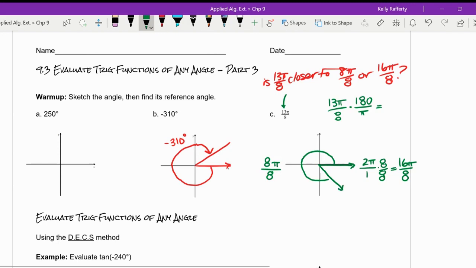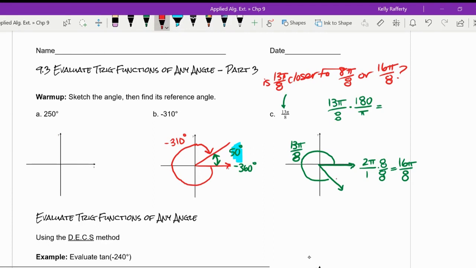So I've drawn both of these angles. To find the reference angle, we want to know how much is left over to get to the x-axis. So for negative 310, to make it to negative 360, that would be 50 degrees. So our reference angle is going to be 50 degrees there.